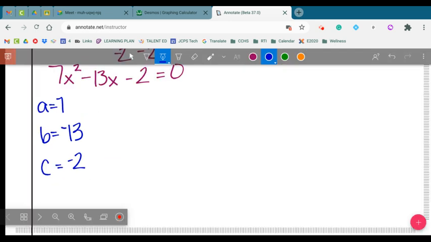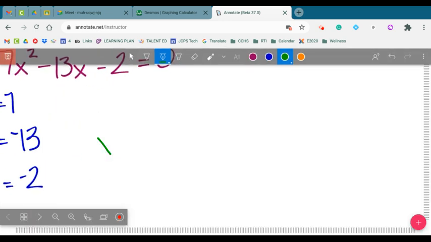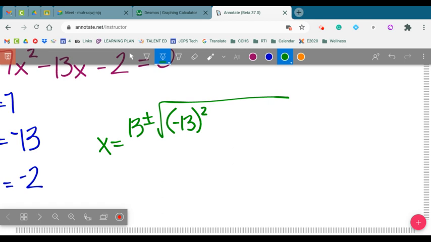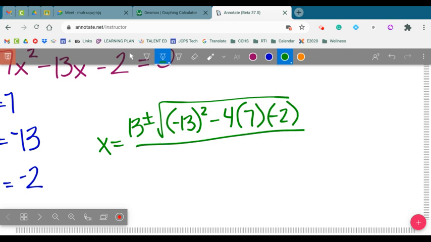I'm going to plug all these into my quadratic formula. So we get x equals negative b, so it becomes a positive 13, plus or minus the square root of b squared, so negative 13 squared, minus 4 times my a, which is 7, times my c, which is negative 2, all divided by 2 times my a.